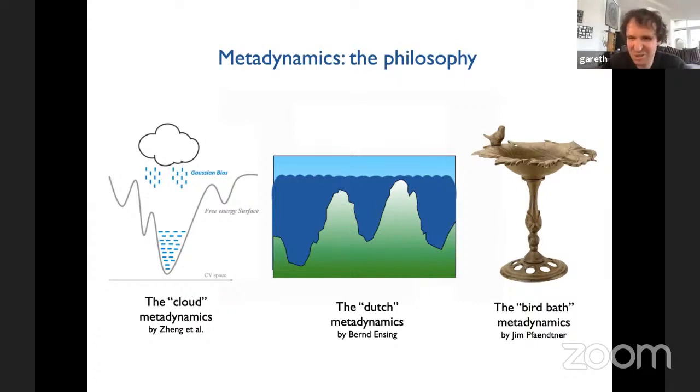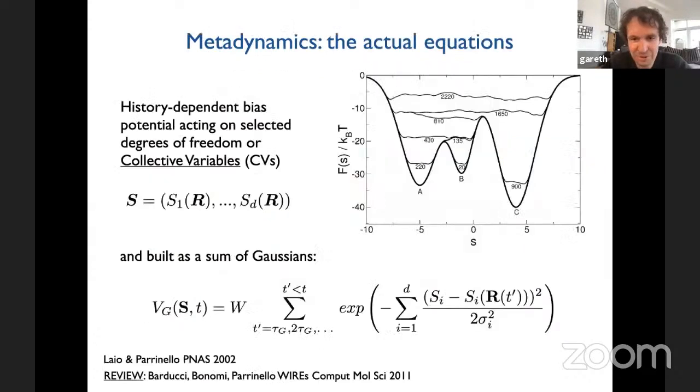So let's introduce some actual maths to make this quantitative. What we've got in metadynamics is this history-dependent bias potential that acts on selected degrees of freedom, or collective variables. These are the collective variables that we introduced at the beginning of the talk.